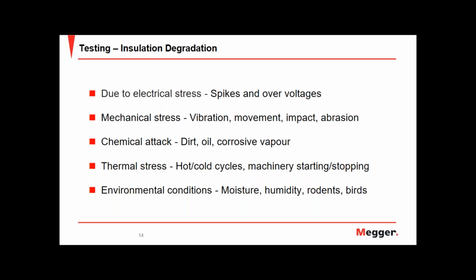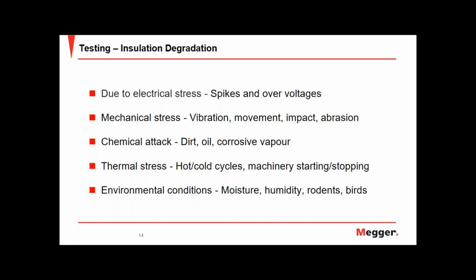And of course, we have mechanical stress. This is particularly relevant when we start to talk about motors. Vibration in motors can damage them very, very quickly. Movement of insulators, there could be a cable that's moving and abrading against something, or there's impact damage as a result of poor handling or something that's happened during transportation.